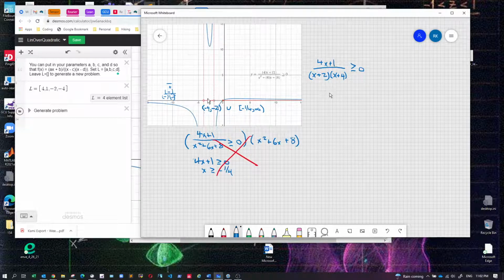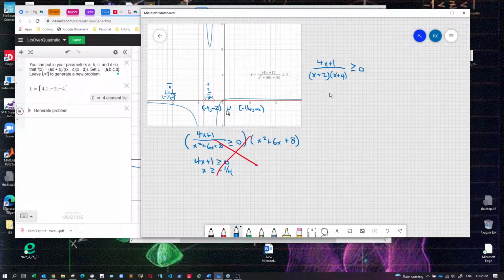So if I take a point in here like -3, this will be negative, that'll be positive, this will be negative, right? So this is going to look like negative over negative times positive, and so this will be positive. Remember, wanting greater than or equal to 0, so that's good.